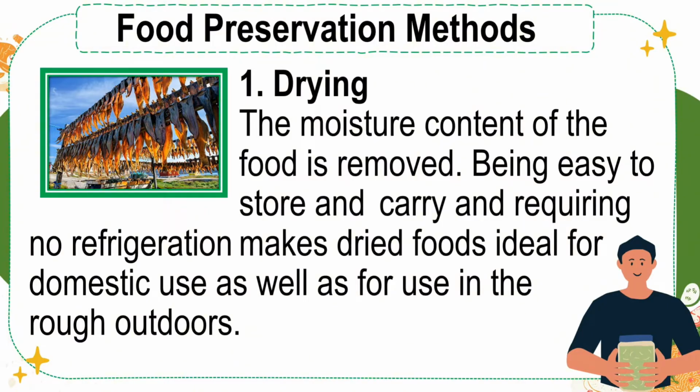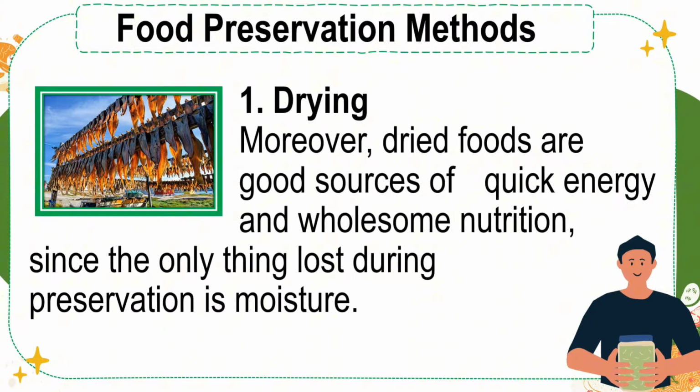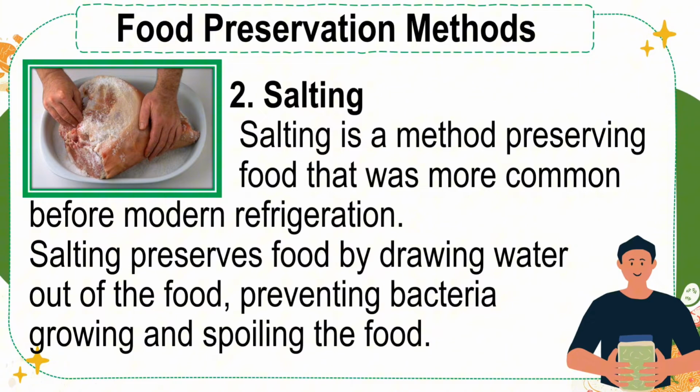Being easy to store and carry and requiring no refrigeration makes dried food ideal for domestic use as well as for use in the rough outdoors. Moreover, dried foods are good sources of quick energy and wholesome nutrition, since the only thing lost during preservation is moisture. Next in our list is salting.